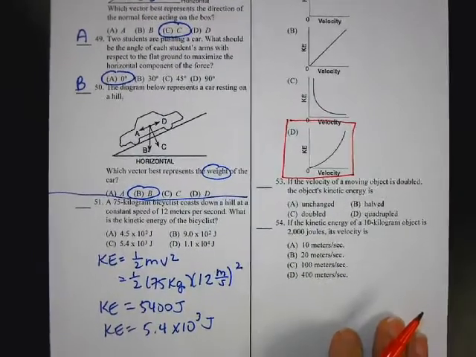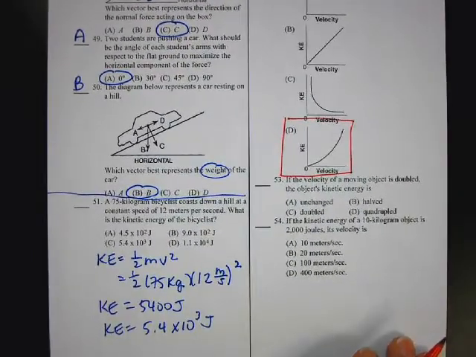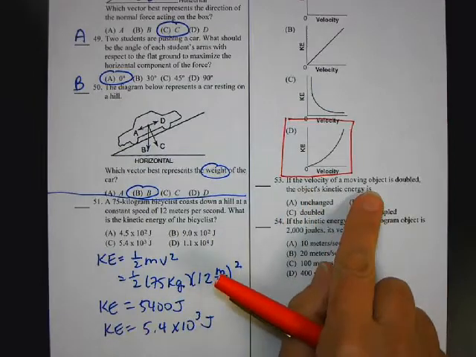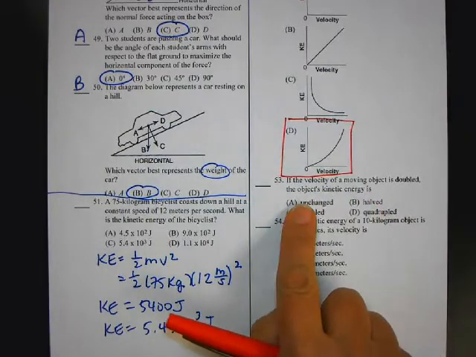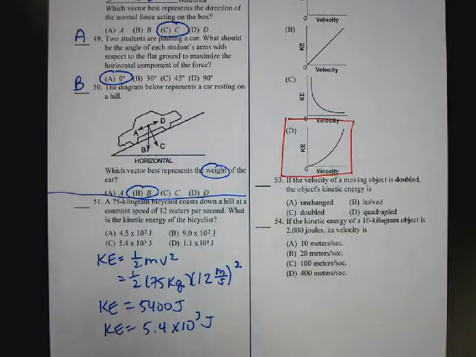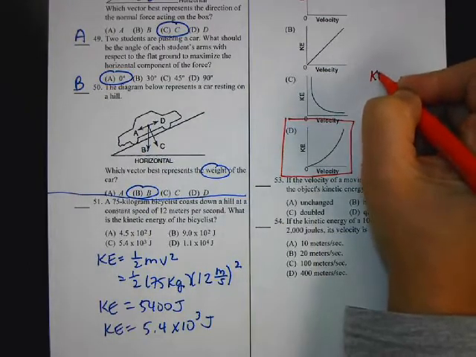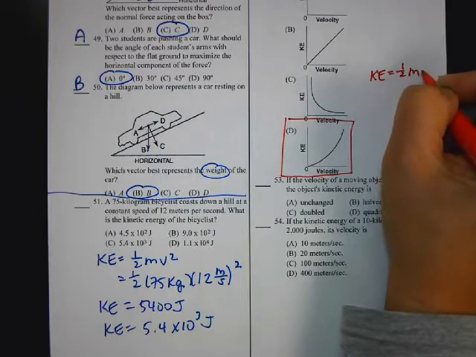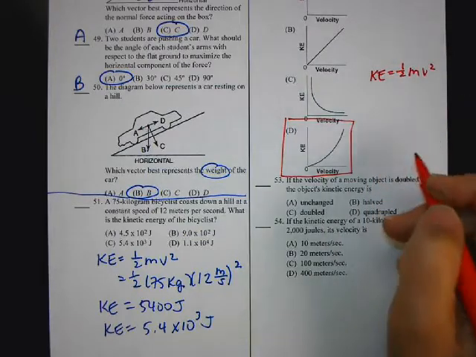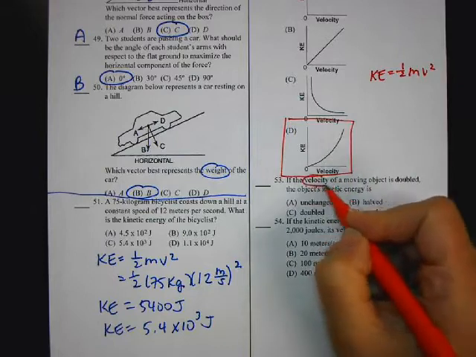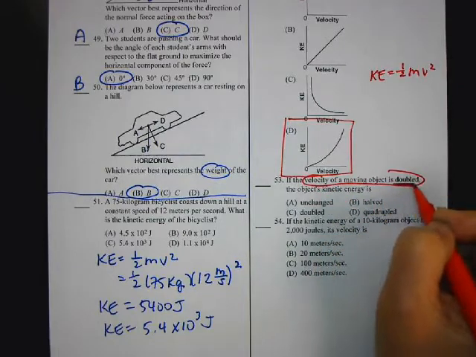All right, number 53. It says, if the velocity of a moving object is doubled, the kinetic energy, well, again, the first thing you should do is think of the equation. So for number 53, kinetic energy is 1/2 mv squared. So now it says the velocity is doubled.